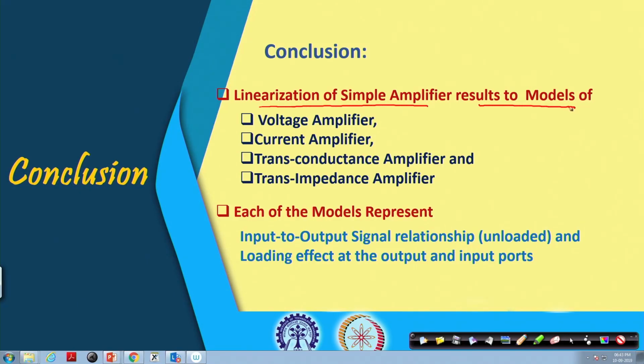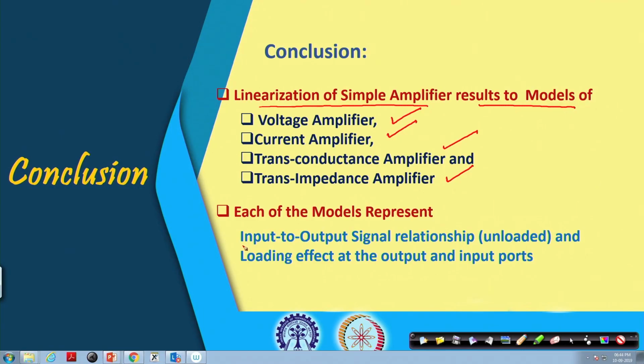Depending on the signal type, we have voltage amplifier, current amplifier, trans-conductance amplifier and trans-impedance amplifier. For each of these types, we are simplifying the circuit into one equivalent circuit. The circuit is simple enough, but it is also sufficient to capture whatever information we are looking for.